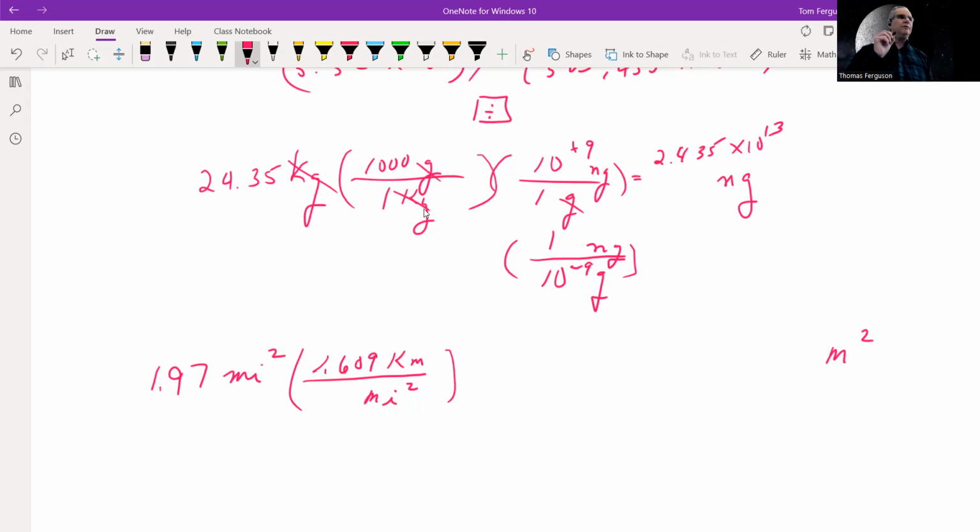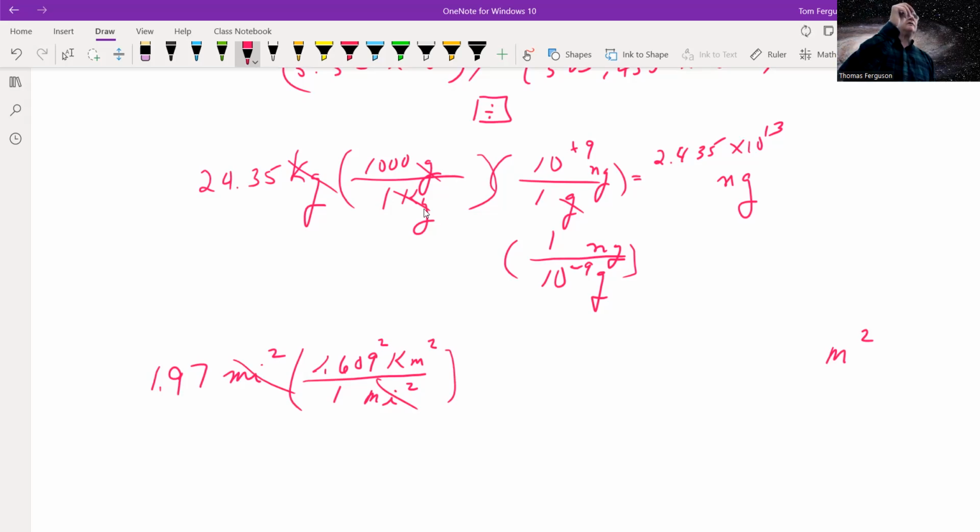Okay, I gave you 1.609 kilometers per mile. And we need it per square mile. So if I square that, I'm going to also square that. So this gets us to square kilometers.